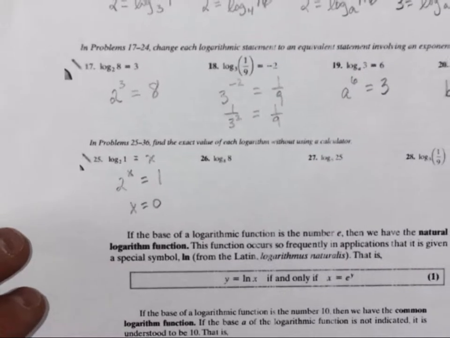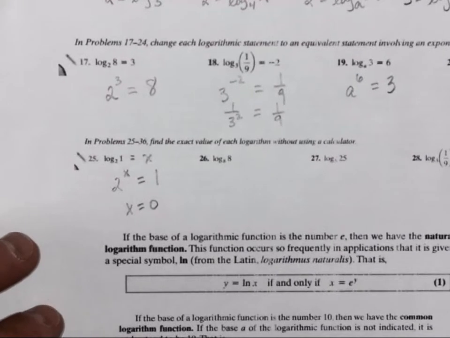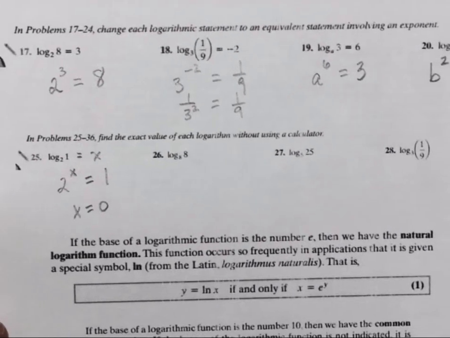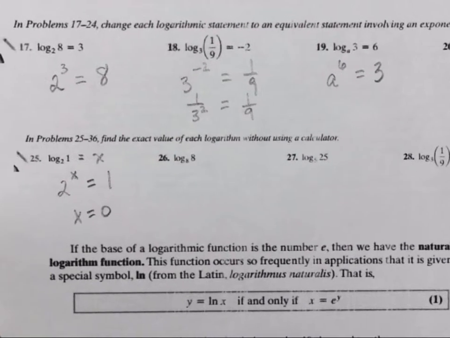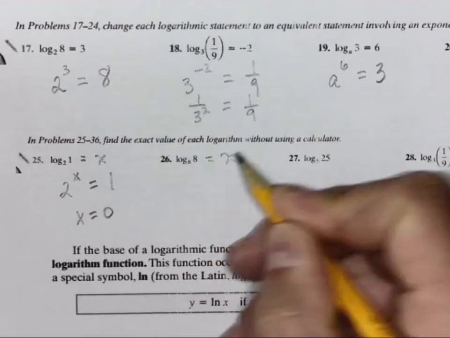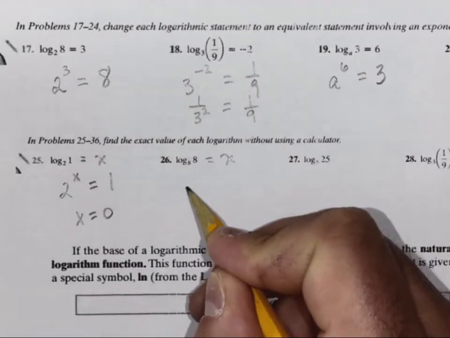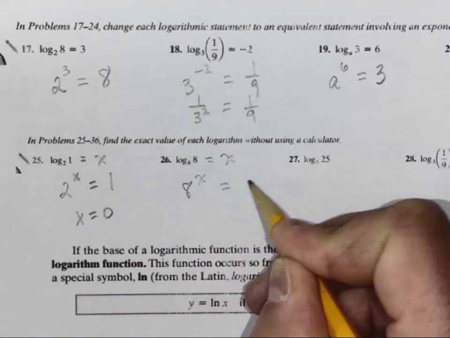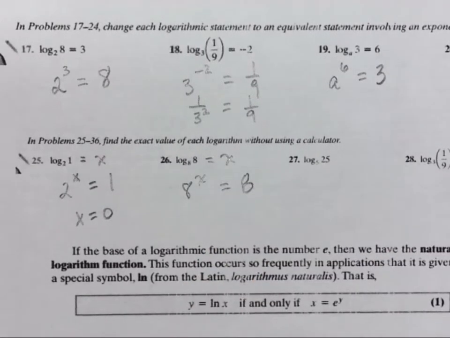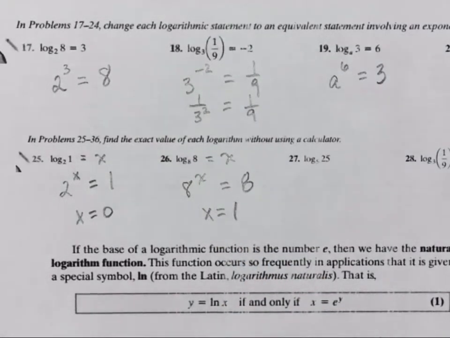Alright, so let's look at, going the wrong way, log base 8 of 8. Okay, so that would be equal to x. We're trying to find x, so 8 to the x power equals 8. So obviously that value of x would have to be equal to 1.